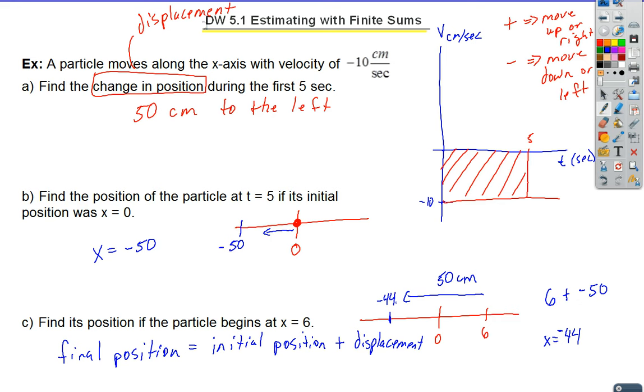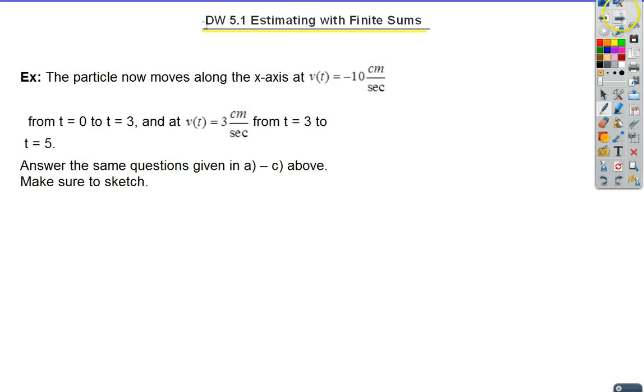Hopefully we're okay with this. It seems fairly straightforward, so let's take a look at the next problem. My next problem says, now we're going to change it up a little bit.